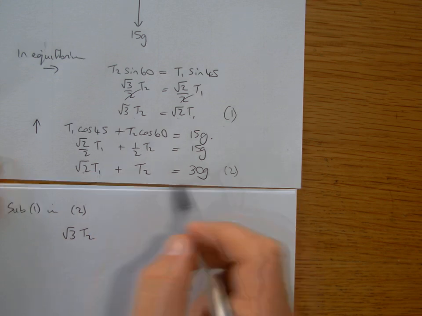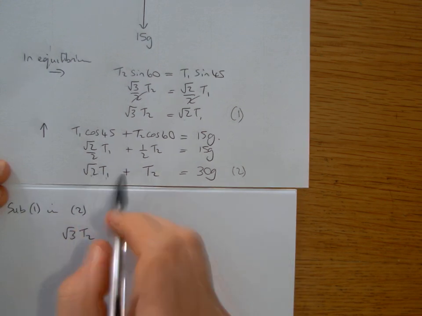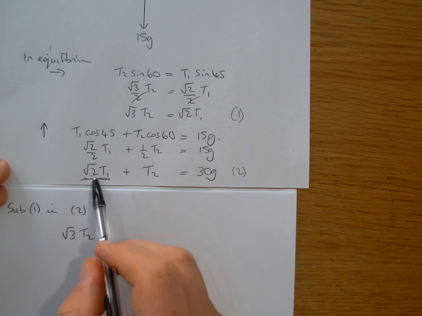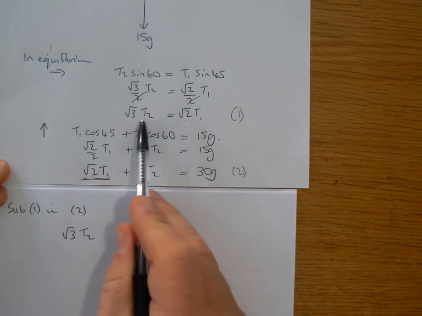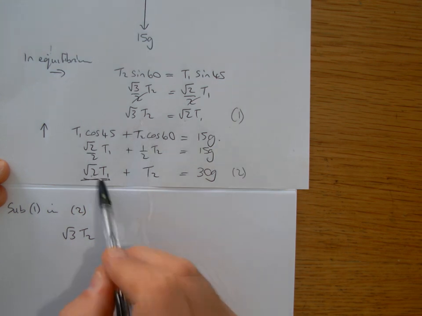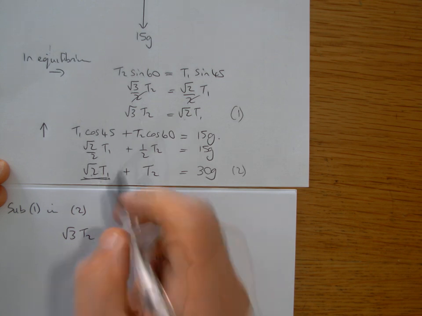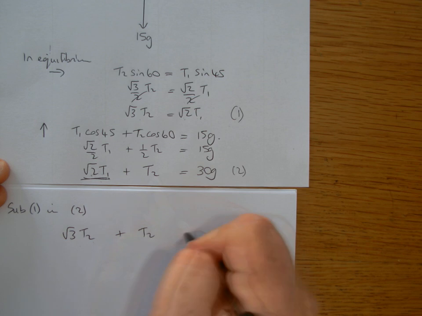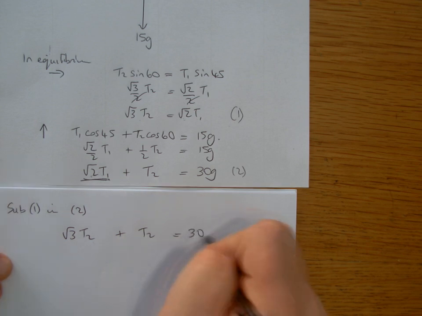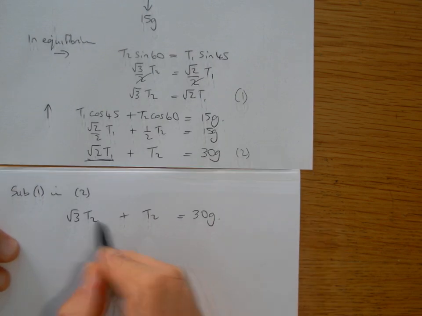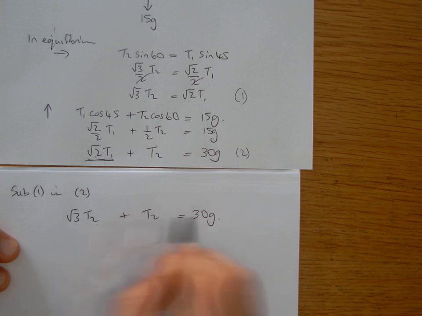So I'm working on this equation and I'm replacing this with what it's equal to from equation 1. So instead of writing this now, I can write root 3 T2, add then T2 here, and then that equals 30g.